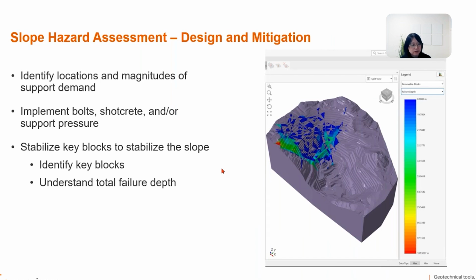Lastly, RocSlope can aid in the analysis of design and mitigation. It can identify the locations and magnitudes of support demands, and you can implement bolts, shotcrete, and the required support pressure within the program itself. Going back to the key blocks, if the key blocks are stabilized, then the slope is stabilized.